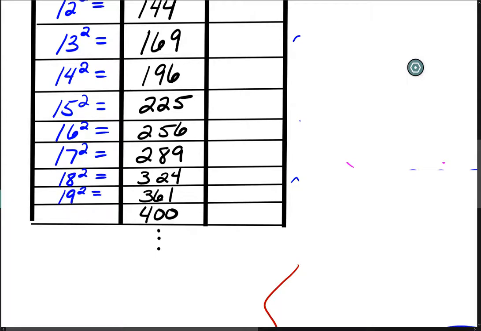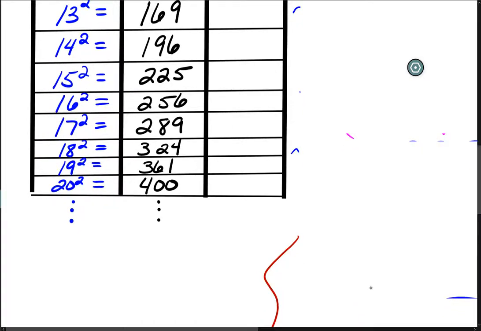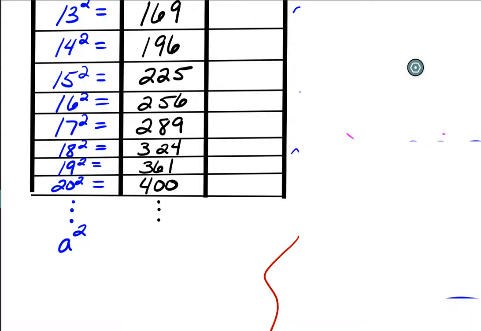And 400 is 20 squared. Now, basically, the reason they're all going to be perfect squares is because that's what a squared is, right?